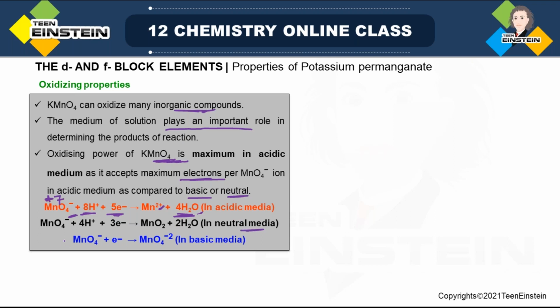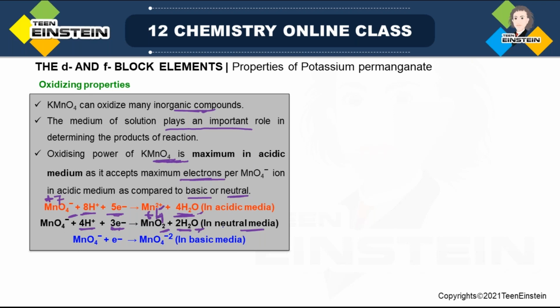Now in neutral media, MnO4 minus is converted to MnO2. That means +4 oxidation state. So from +7, if it is achieving +4 state, it is gain of 3 electrons. So see, this is 3 electrons. We are balancing oxygen by writing 2H2O, because there are already 2 oxygen here. So total 4 oxygen, and as we have mentioned 2H2O, so 4 H we have to write as H plus.